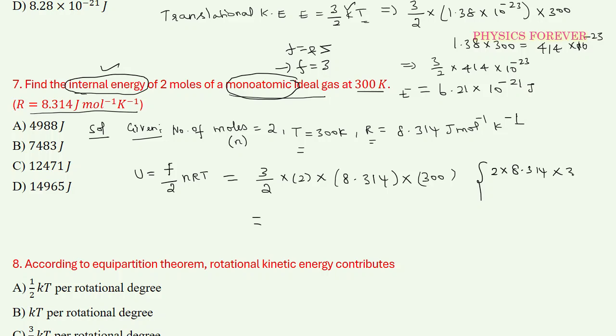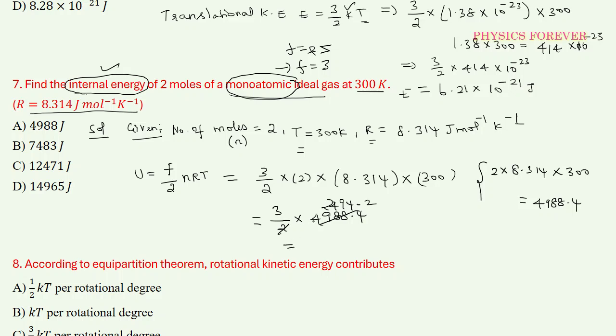Okay, then we have to substitute 2 into 8.314 into 300. If you substitute all this, then we get the answer 4988.4. Then 3 by 2 into 4988.4, we cancel out by 2, then 2494.2.